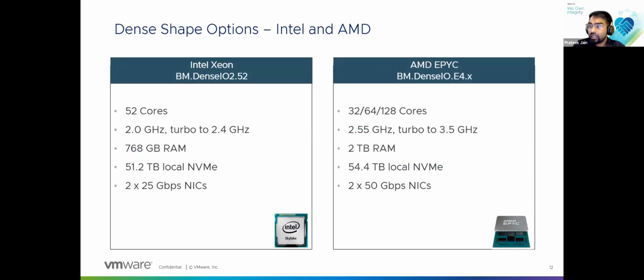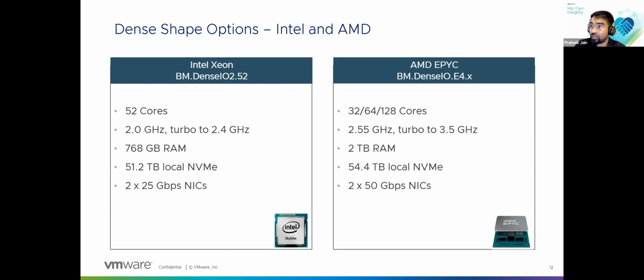So let's take a look at the dense IO shapes. These were the shapes available until earlier this year, and they are still available as of today. There are 2 types: one is Intel, one is AMD. The Intel is a 52 core, 768 GB RAM node, and each node provides you 51 terabytes of local NVMe storage.